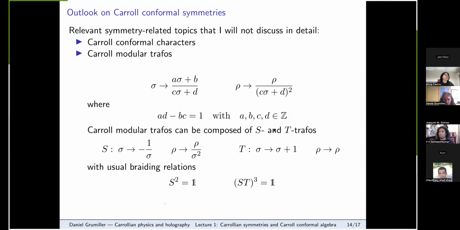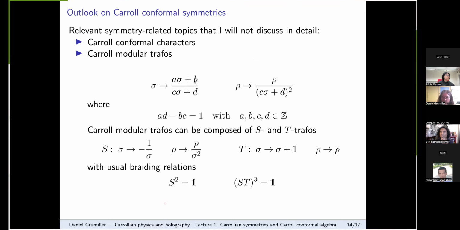There are also Carroll modular transformations. So if you consider Carroll CFTs on the cylinder, you have modular transformations like in the relativistic case. And they act on your chemical potentials or modular parameters in a slightly different way from the relativistic case. So the first transformation here of sigma is just like in the Lorentzian case.